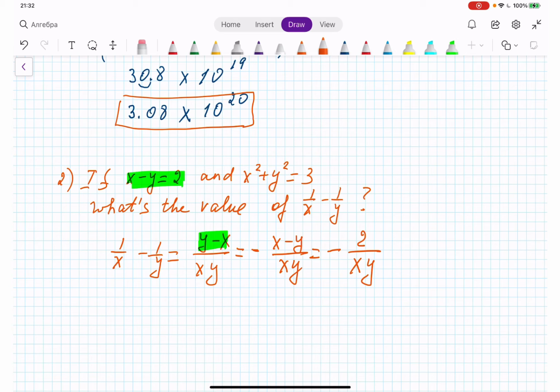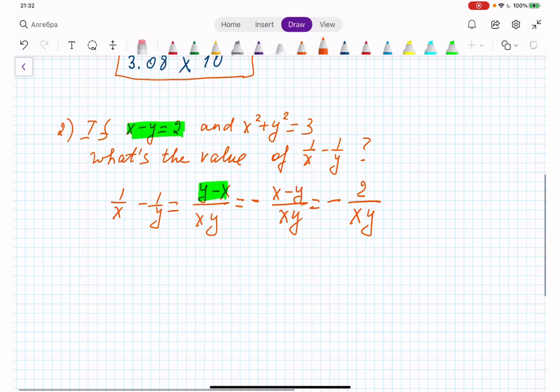So how do we start? Well, it's given x minus y equal to 2, and it's given x squared plus y squared. What I'm thinking is how x minus y and x squared plus y squared are connected to each other. If I square x minus y, it will also be 2 squared.